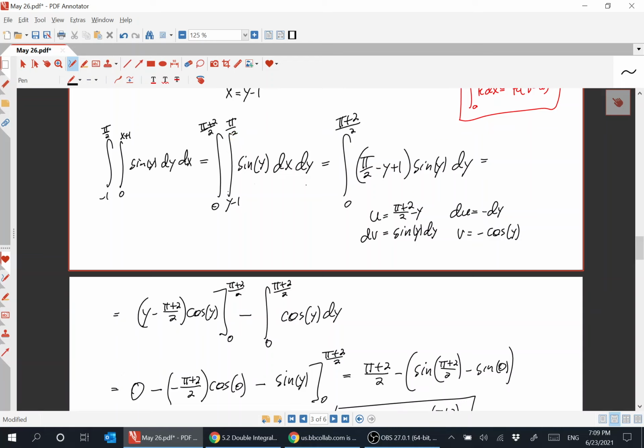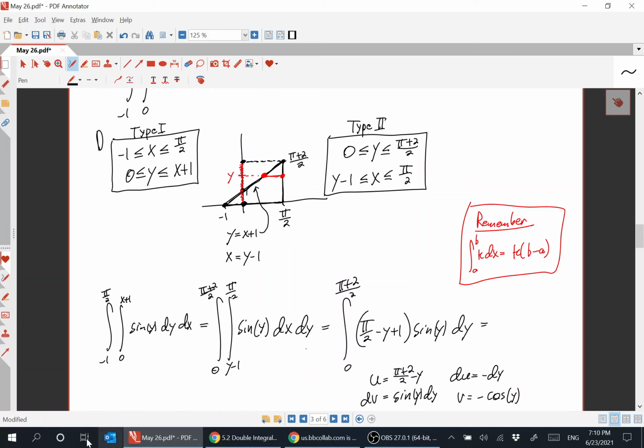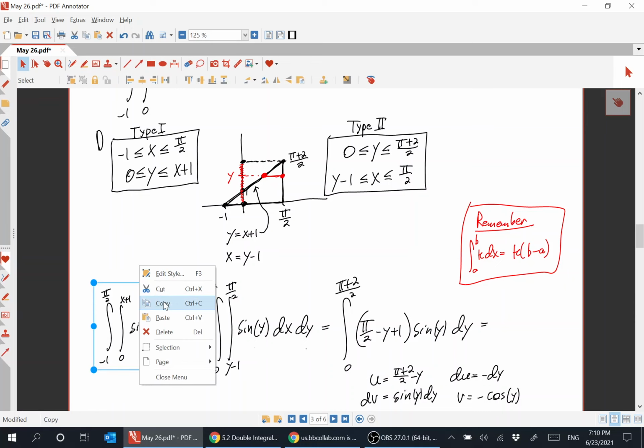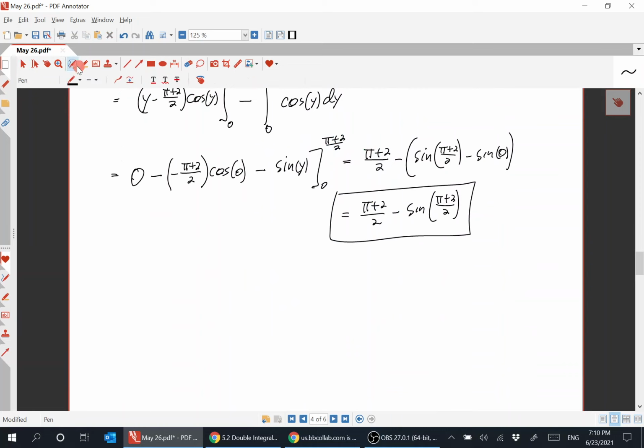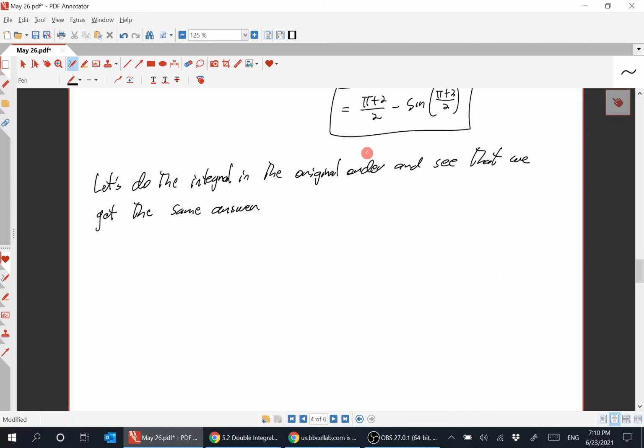Let's do the integration in the other order, in the original order, and see that we get the same answer. So the original looks like this.